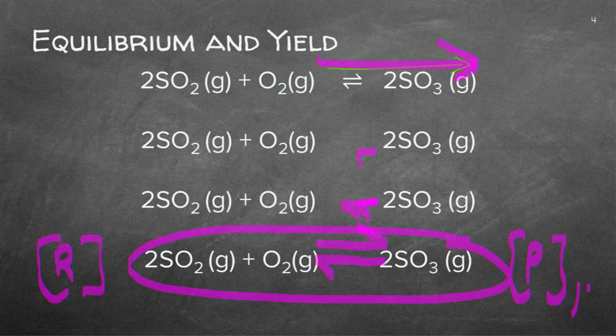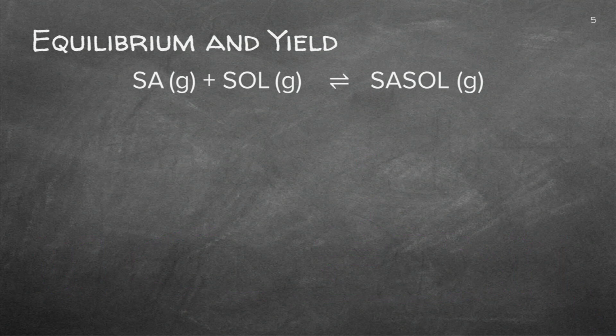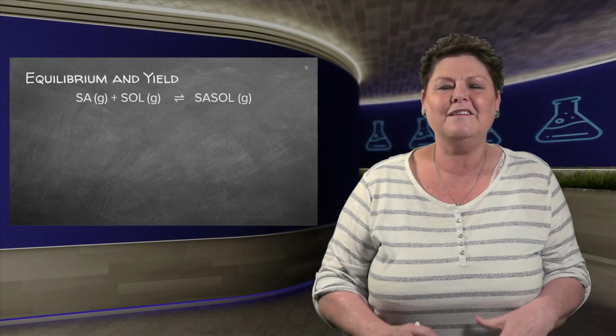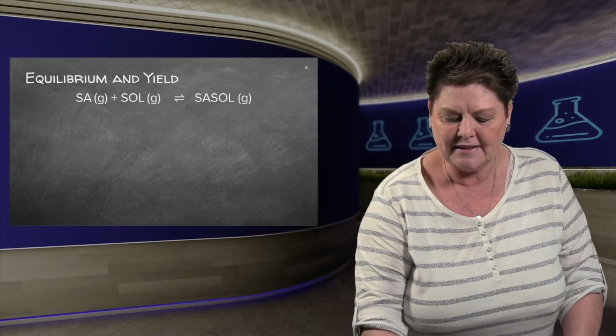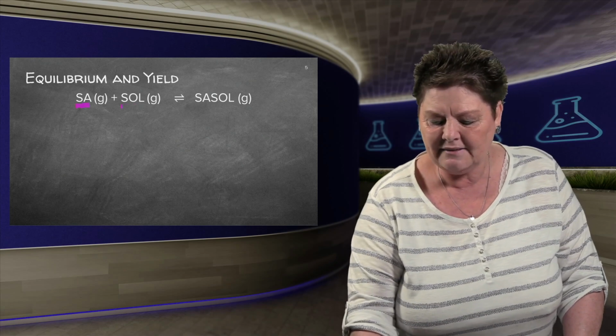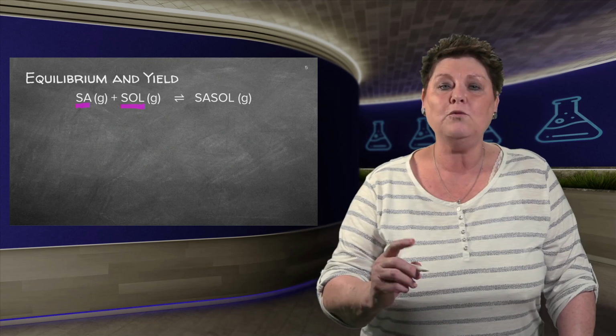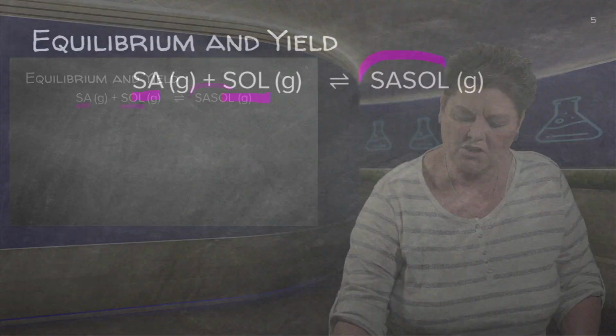And remember, that's what we worked out when we worked out the relationship between the products and the reactants with Kc. Now, if we take a very common chemical reaction, and this is really just a game I'm playing, there are no reactants like SA, and there's nothing like SOL. But we all know what Sasol is.